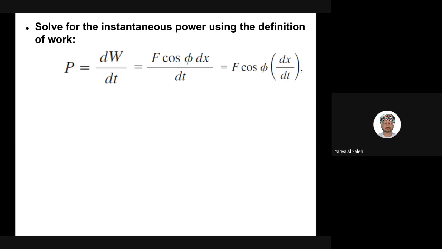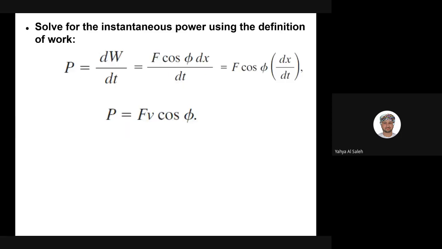We end up with dx over dt. What is dx over dt? Velocity. Excellent. So power is Fv cosine theta. Work is Fd cosine theta. Power is Fv cosine theta.